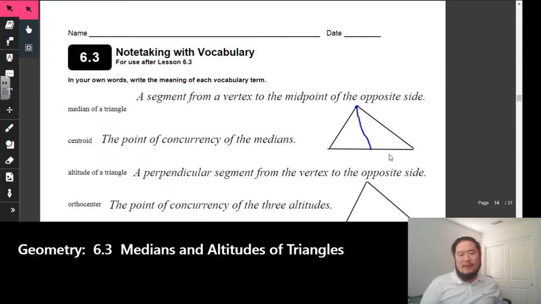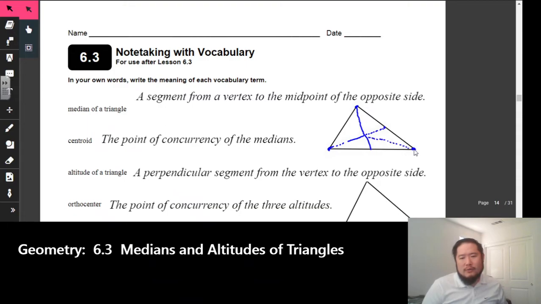And the middle is important because that becomes our next term, which is the centroid. But before we get there, let's take a look at this vertex, and let's say that the middle of the opposite side is right there. So go ahead and draw something like that. And let's do it one more time with this side over here.